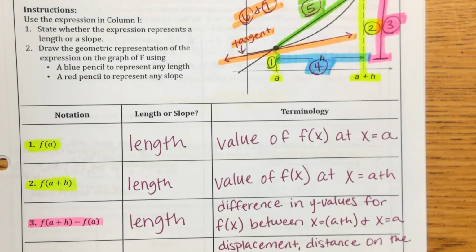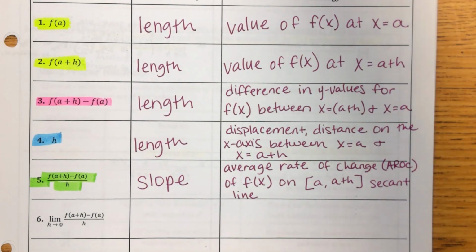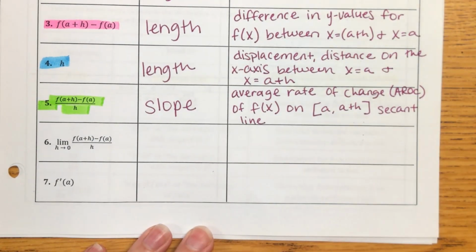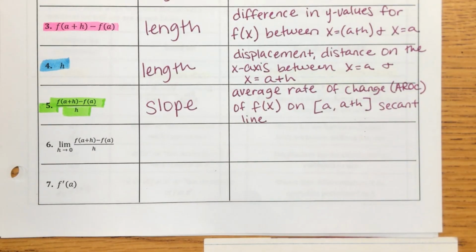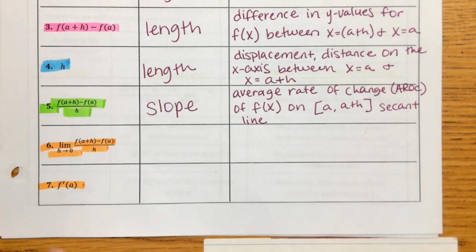Okay, I know it looks a little chaotic. It's okay though. So moving on down, both, well, we'll just start with 6.